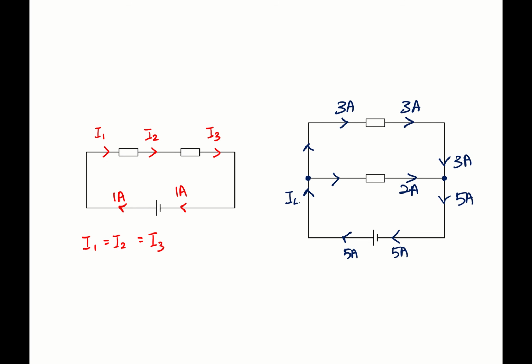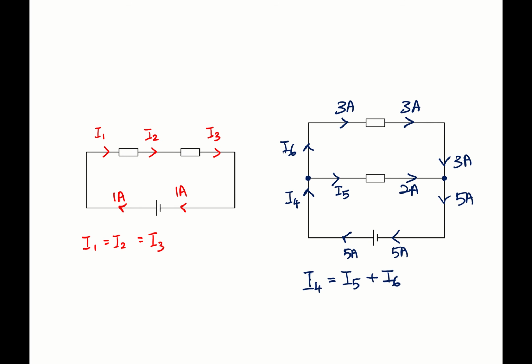Let's say this is I4, this is I5, and this is I6. So how a current behaves when the two resistors are connected in parallel is this: I4 equals I5 plus I6.